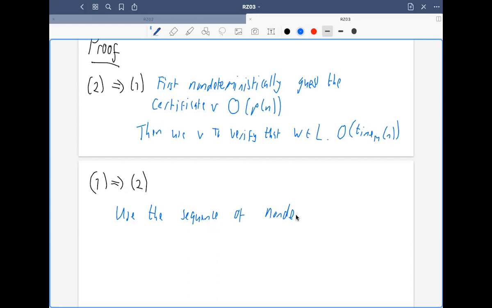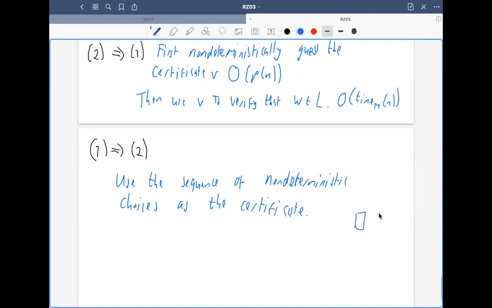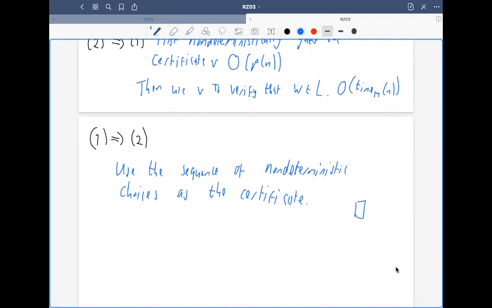Whenever we get to a non-deterministic choice, we look at our instruction in the certificate and we go that way. So use the sequence of non-deterministic choices as the certificate. I think that's enough information about that. Okay, well, that's everything I've got time for today, so I'm going to stop the recording.